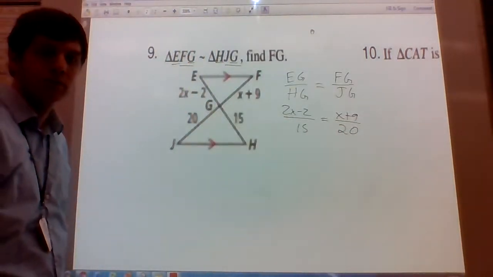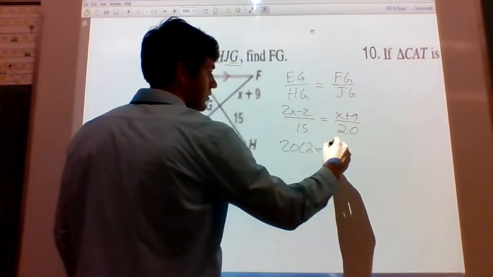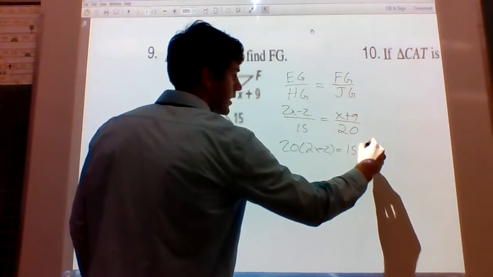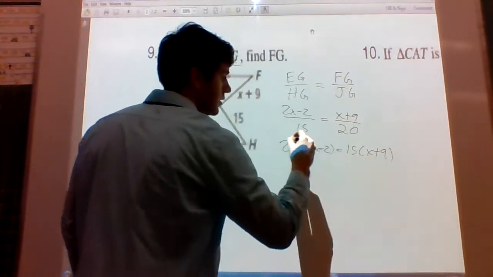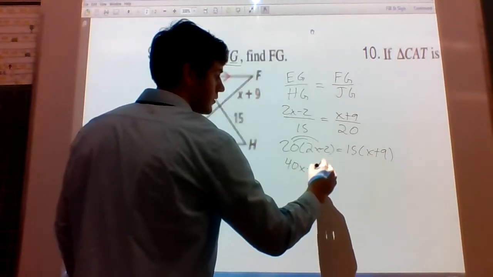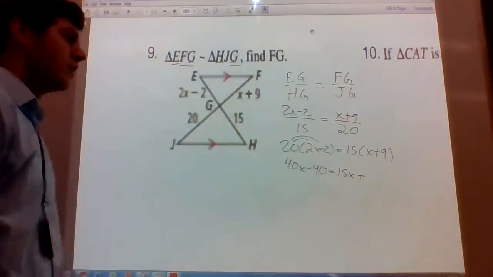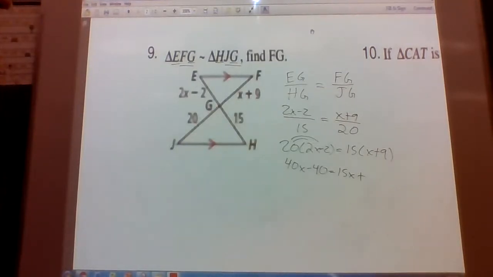Cross multiply. 20 times 2x minus 2 is going to equal 15 times x plus 9. Distribute: 40x minus 40 is going to equal 15x plus 15 times 9.